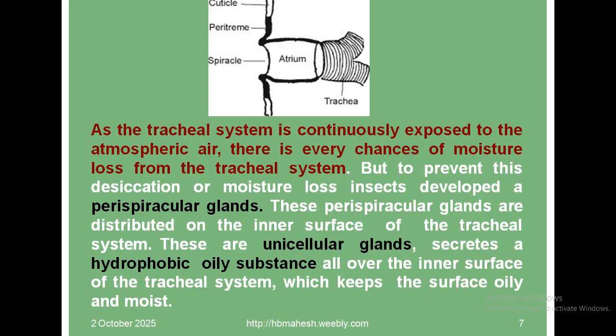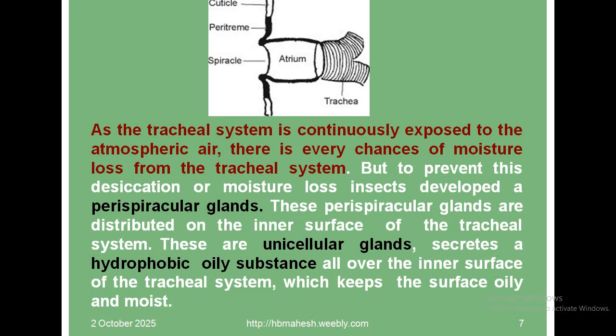Above the spiracles, there are glands. These perispiracular glands are distributed on the inner surface of the tracheal system. These are unicellular glands, secreting a hydrophobic oily substance, which covers the inner surface of the tracheal system, so that it can keep the surface oily and moist.